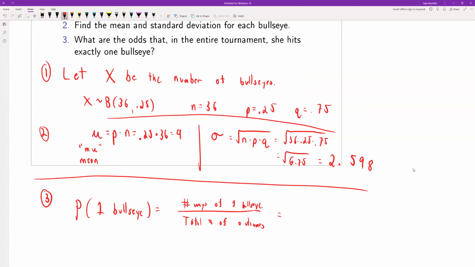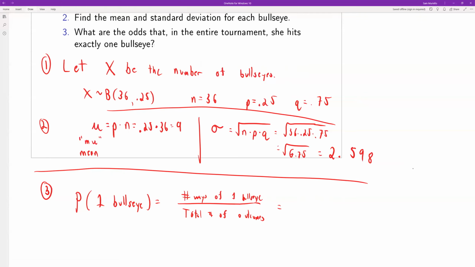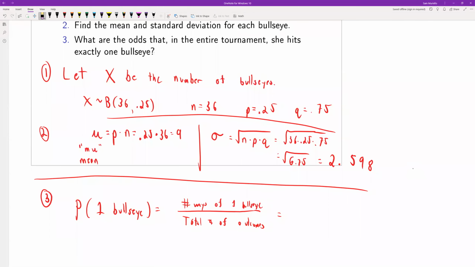She's throwing 36 darts, and every single time there will either be a success or a fail. And we'll need to actually adjust this slightly because it's not equal odds. Let's go ahead and switch this up here.